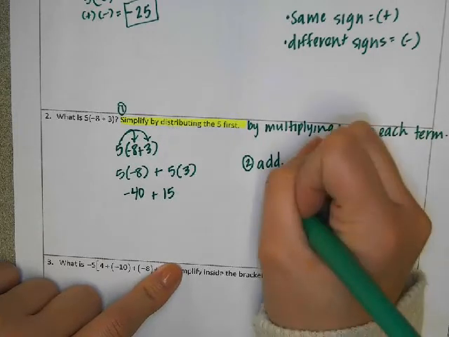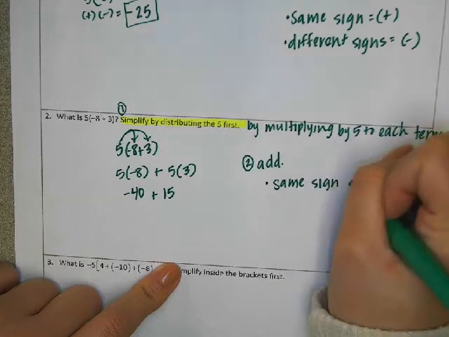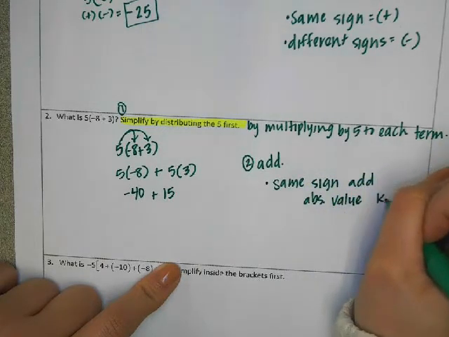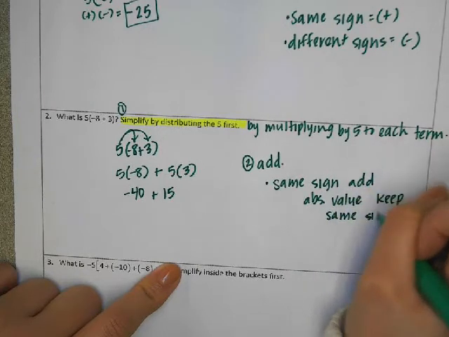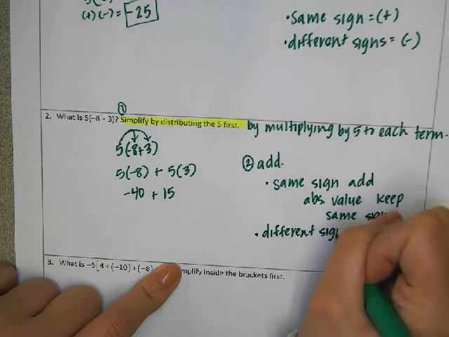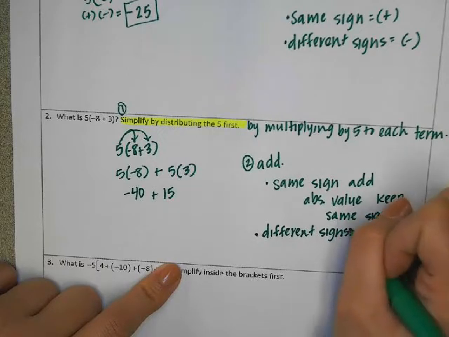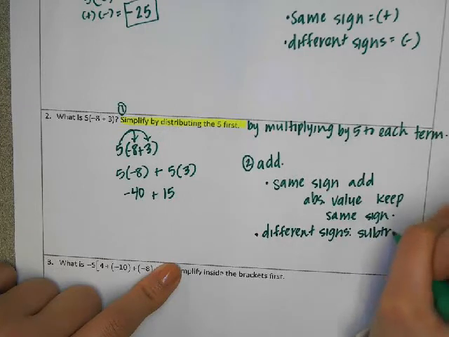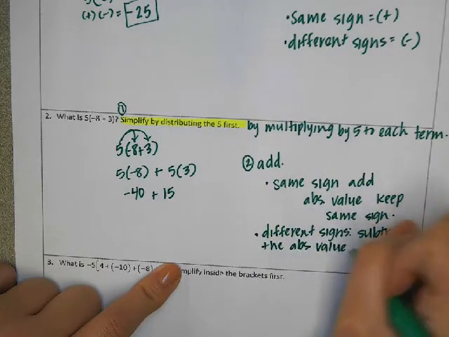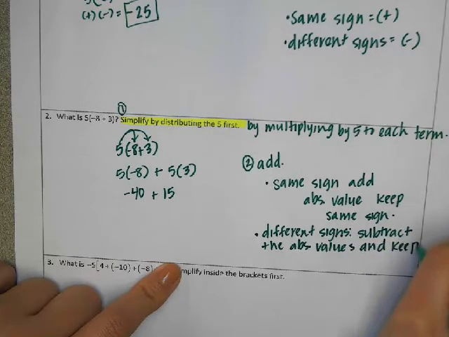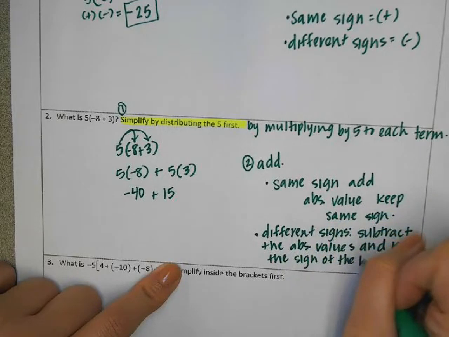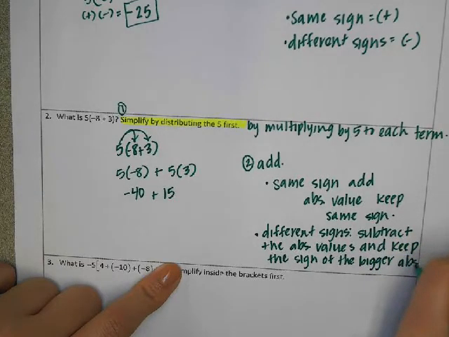So I'm going to write them down. If the integers have the same sign, add the absolute value, keep the same sign, and if they have different signs, we're going to subtract the absolute values and keep the sign of the bigger absolute value.